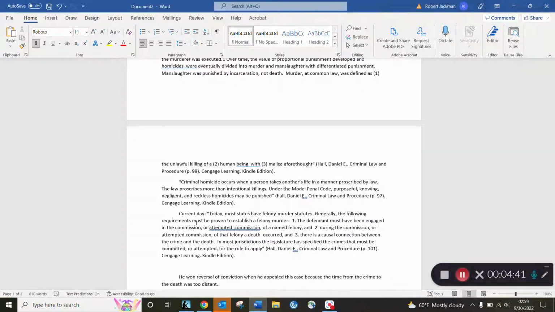And there has to be a causal connection between the crime and the death. So in most jurisdictions, the legislature says what crimes must be committed or attempted where this rule will apply. That's a little bit paraphrased, kind of quoted there by Daniel Hall, page 101.